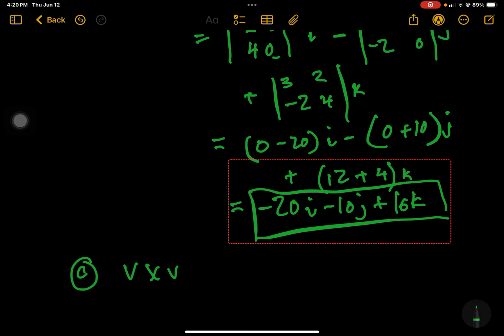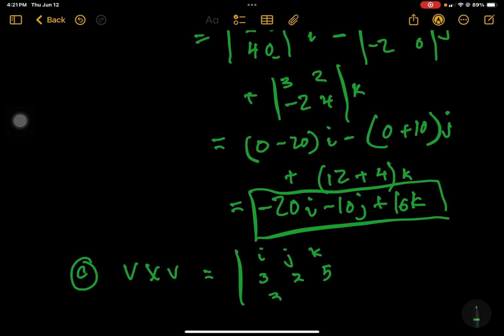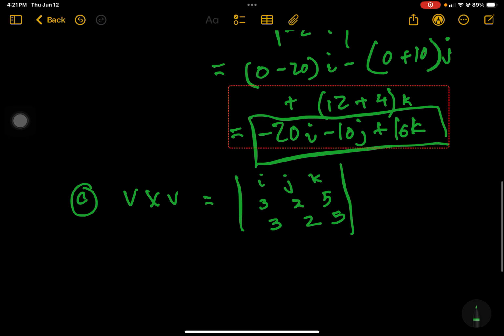Okay, so again the determinant I, J, K, but you will write the same V component again and again in the first, second and third lines.